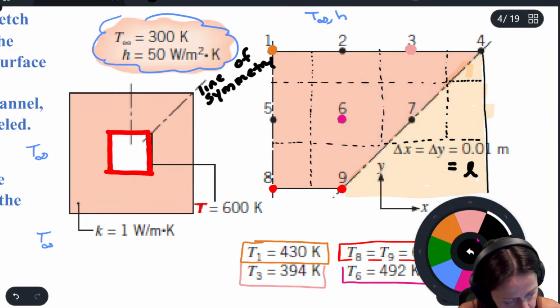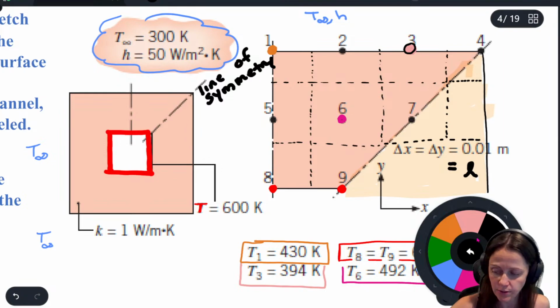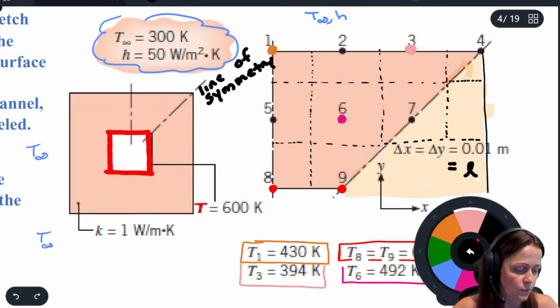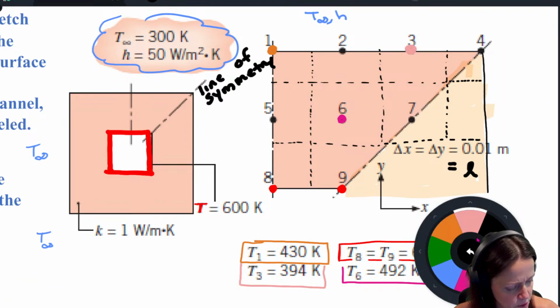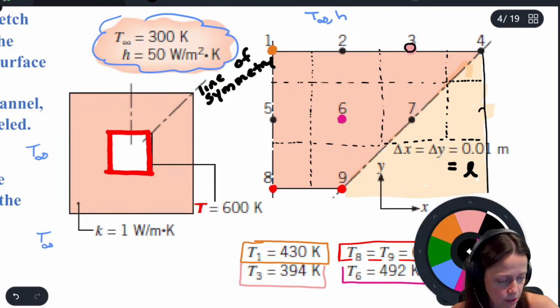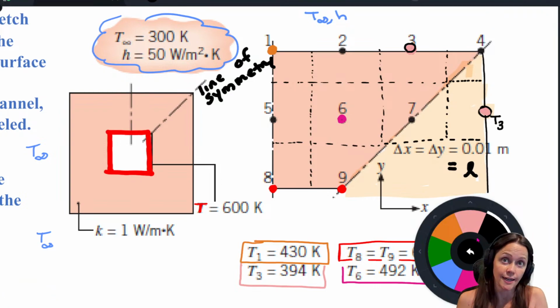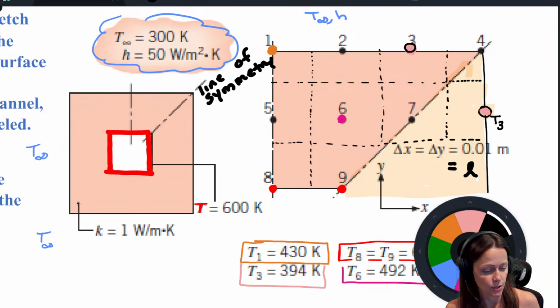this temperature right here, T3, would be the exact same temperature as right here. Same temperature. So that temperature would be the same thing as T3, because again, it's the mirror image.